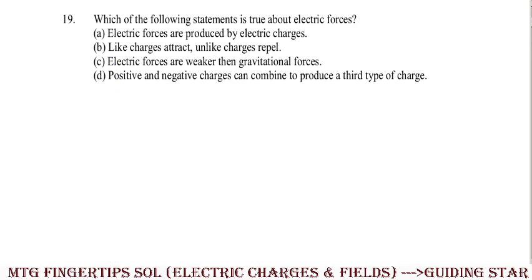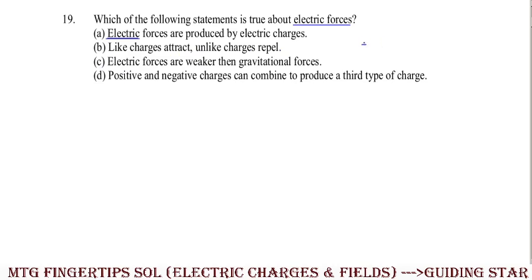Next, in question number 19, which of the following statements is true about electric force? So we have to choose which statement about electric force is correct. Here it says electric forces are produced by electric charges. Okay. Second, like charges attract and unlike charges repel.